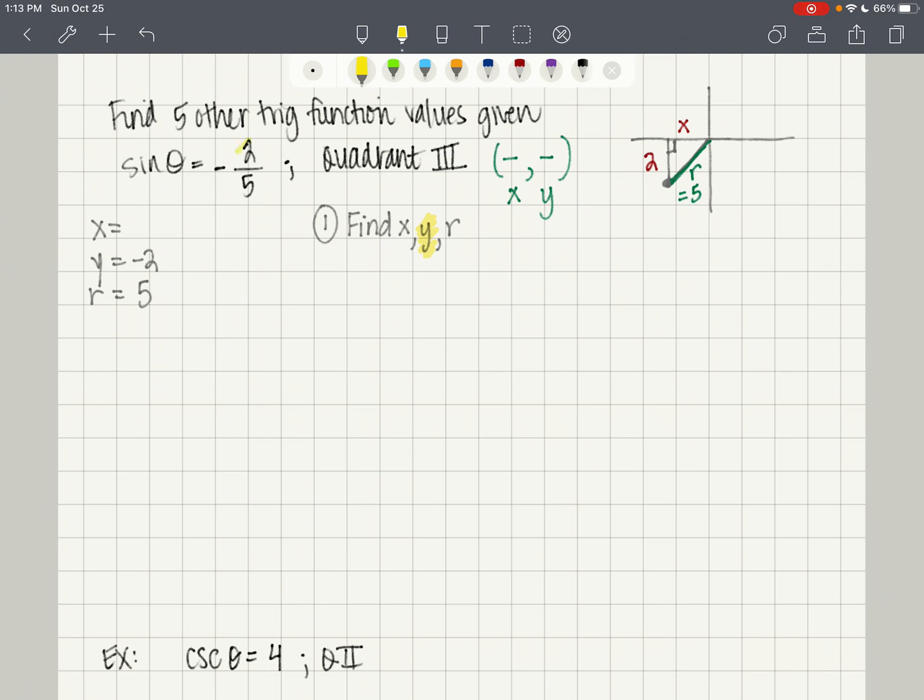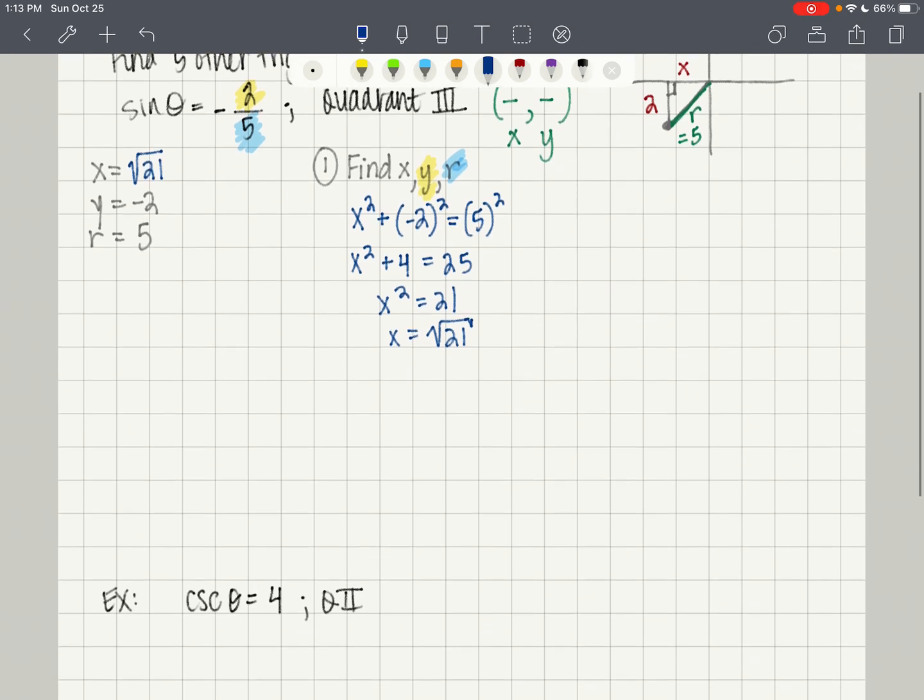When you know that the sine of theta is y over r, you know that what you're looking for is x. So x squared plus y squared, -2 squared is 4. I better put that, -2 squared, equals r squared, which is 5 squared. So x squared plus 4 equals 25. X squared equals 21. X is equal to the square root of 21.